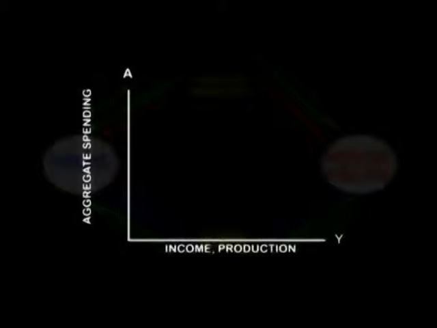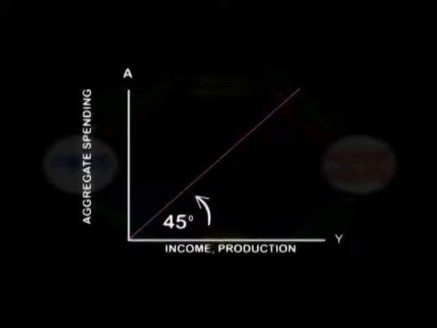So by drawing both axes to the same scale, a 45-degree line from the origin would represent all the possible equilibrium positions between income and spending. For any point lying on this line, income would be equal to spending.